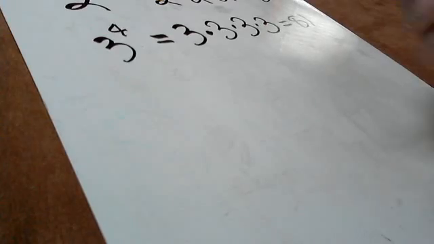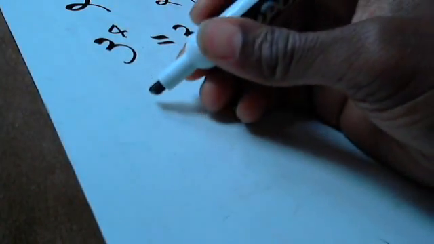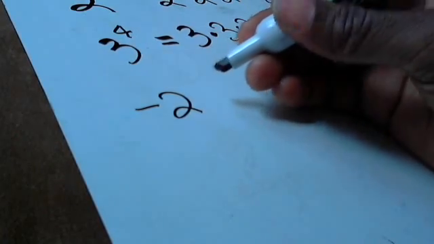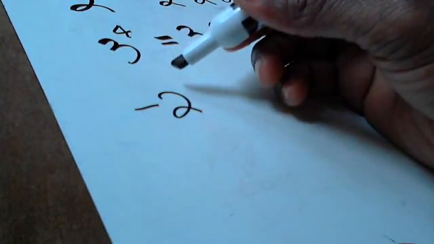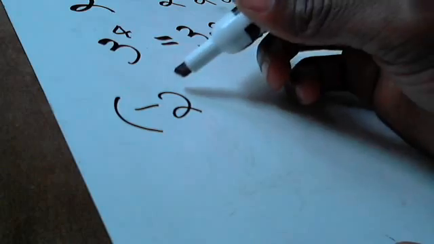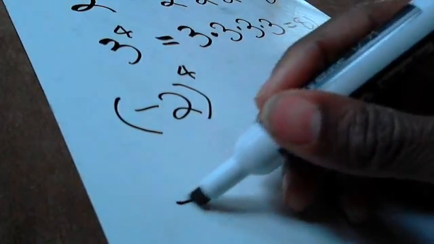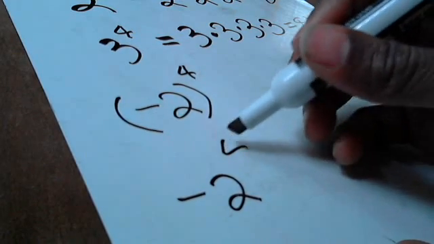One thing. Let's say we have this -2 again, and let's say we had something that looks like this, vice versa, something that looks like this.